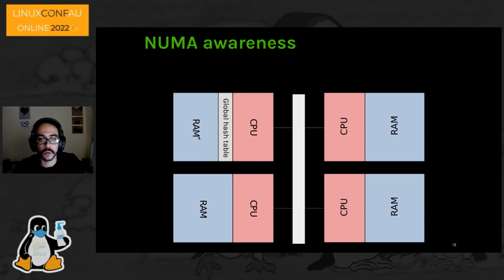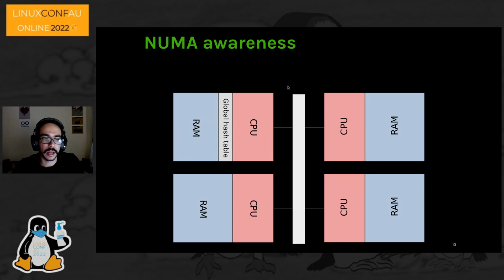This global hash table will be assigned to a single node. And basically that means that every other node will have a penalty to access this hash table. So every futex operation that happens outside of that node's CPU will take a little longer. And this can have a very strong performance impact on some really big machines.